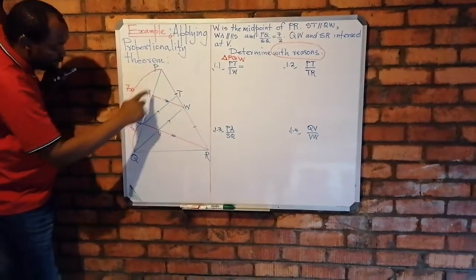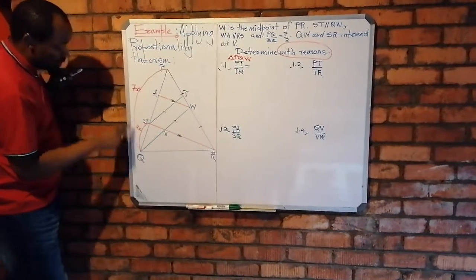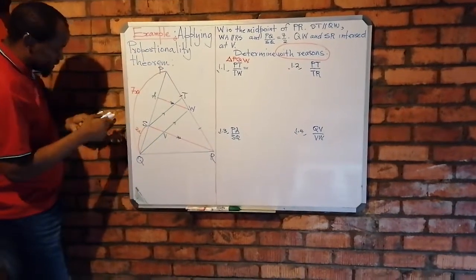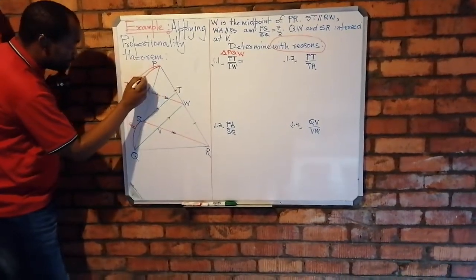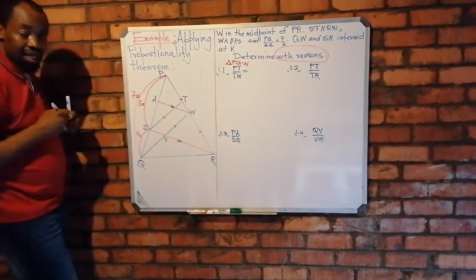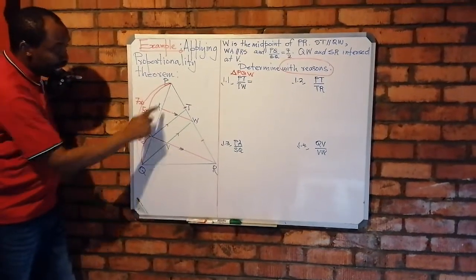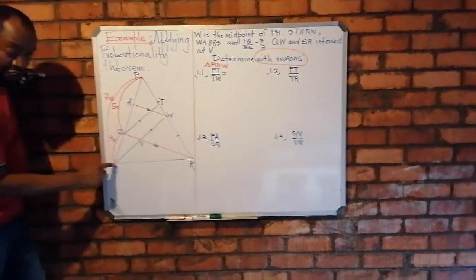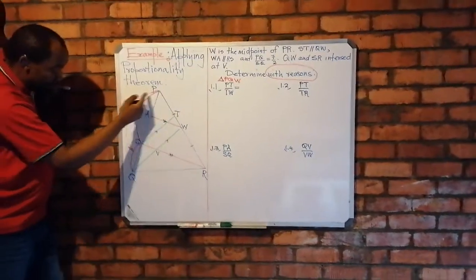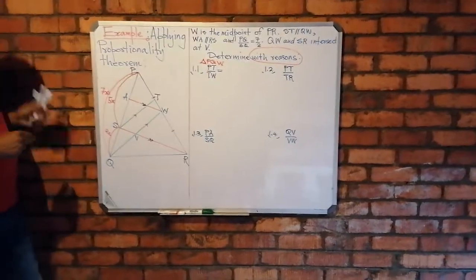I'm talking about PS and SQ. PQ is equal to 7x. That means now that PS, I'm talking about this one, must be 5x. Let me repeat this again. PQ is made up of PS and SQ. We know SQ is 2x and PQ is 7x. That means that this one would be 5x.